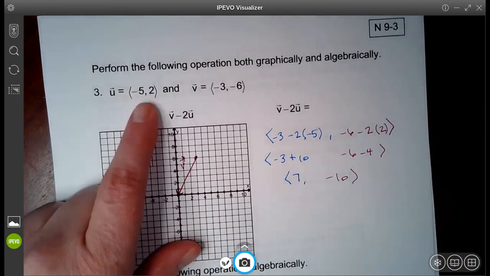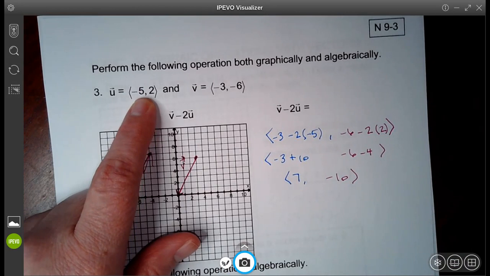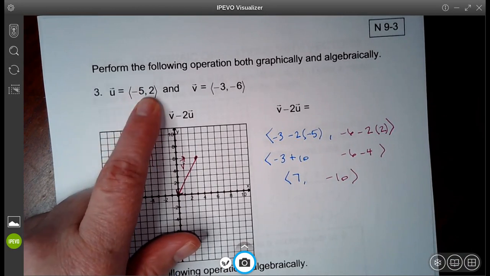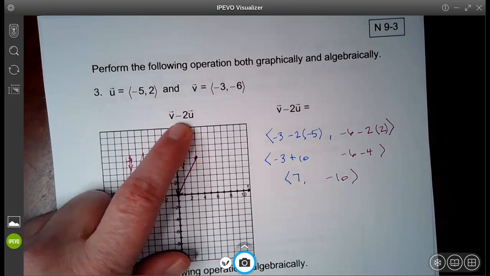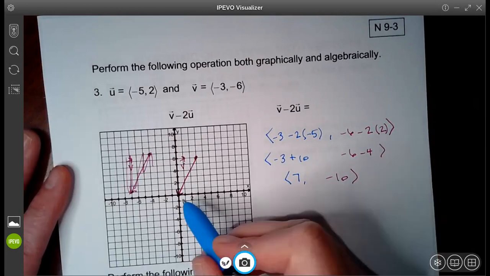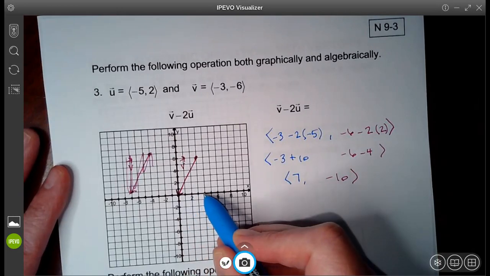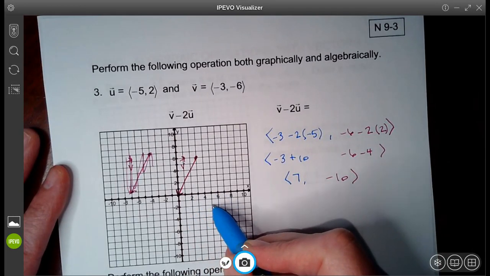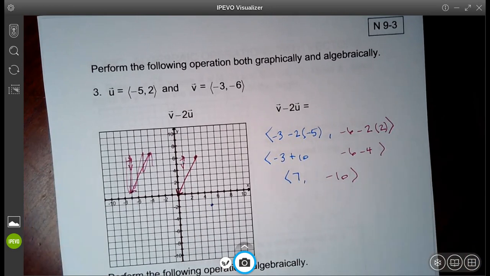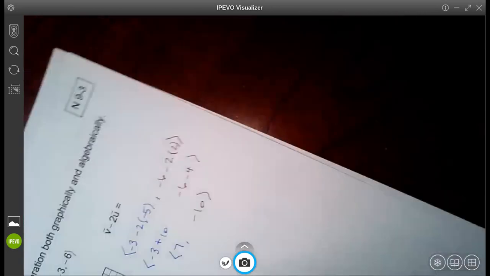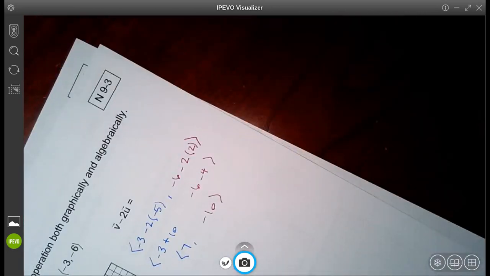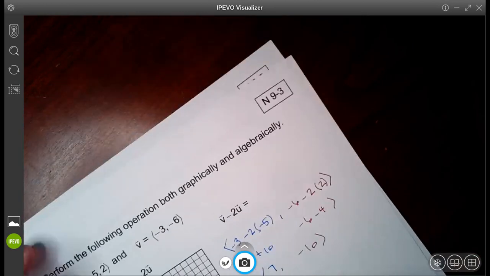Okay, U normally says left 5 up 2. But because I'm doing a minus, I'm going to go right 5 and down 2. So 1, 2, 3, 4, 5, 1, 2. Okay, so that's U. But I got to do minus 2U, so I got to do this again.